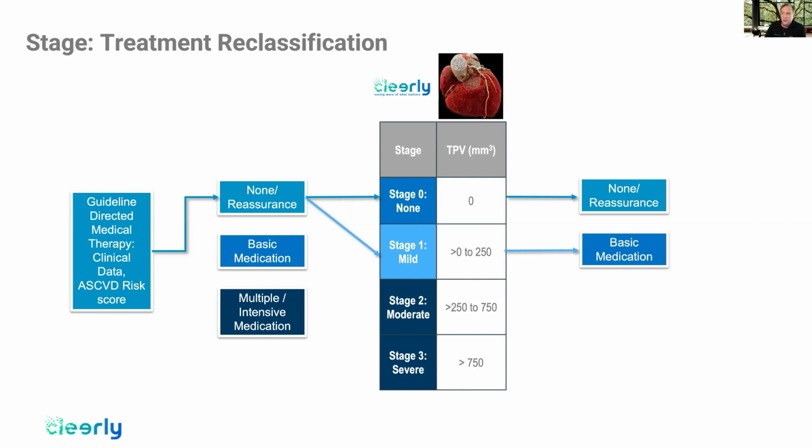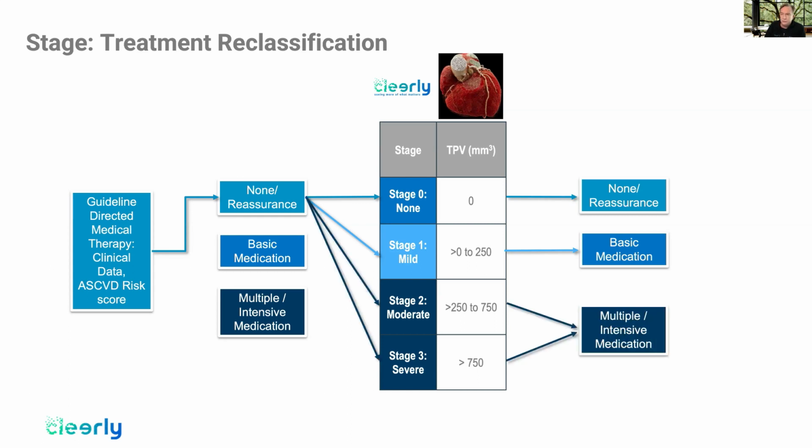In this case, you may take someone who the guidelines would say does not merit medication, but since there is atherosclerosis present, you may make the decision to go ahead and put that patient on medication or other therapies. And of course, there are always those patients who, despite not meeting LDL or other cholesterol guidelines, may have significant atherosclerosis, in which case their medication would be potentially multiple medications or certainly intensified.